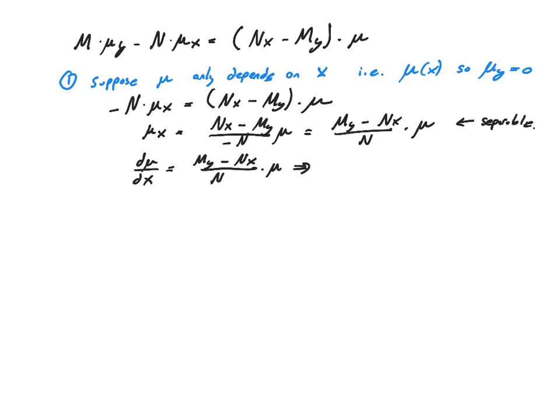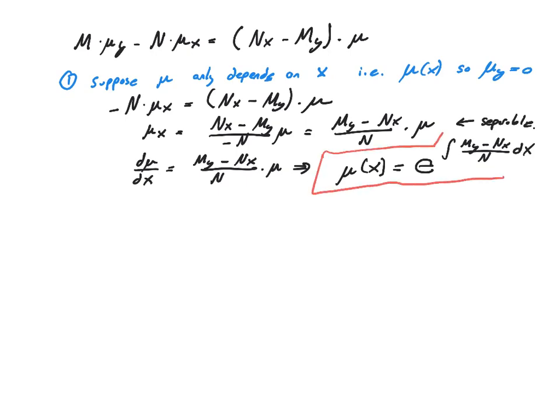And you can simplify that, and you'll see that you end up getting mu of x is equal to e to the integral of m sub y minus n sub x divided by n dx. Okay, so that's my first integrating factor, if that one works out.